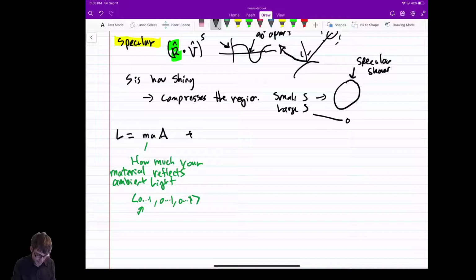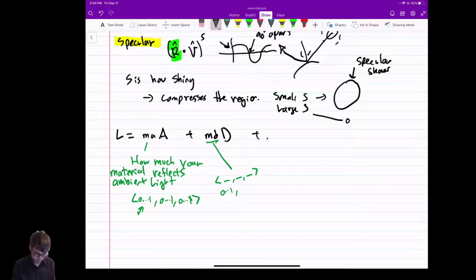And then I add in material diffuse times my diffuse calculation. Again, this is the same thing. It's just a vector, 0 to 1, each one. Basically, how much percent of the diffuse should I take? Put it as 0.5, and you're half brightness of diffuse.